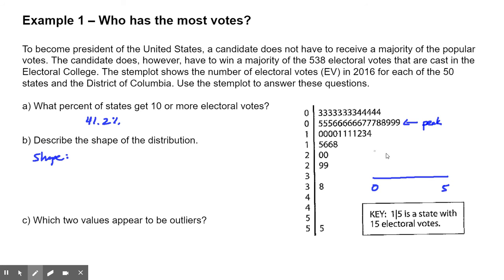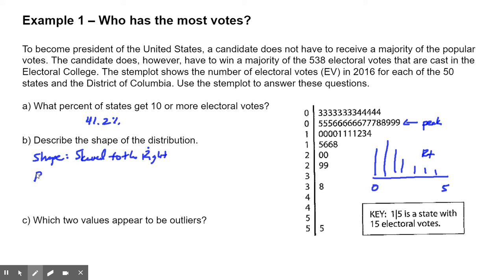So this peak is right above the 0. There's only one set of leaves on that 0, and then you have a whole bunch of leaves over here. So this is skewed to the right because the right tail is longer. For a stem plot, if it's longer down, that means skewed to the right. If it's longer up, skewed to the left. This is longer down, so skewed to the right.